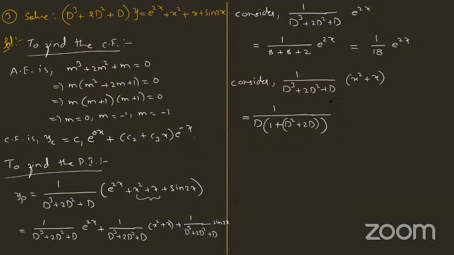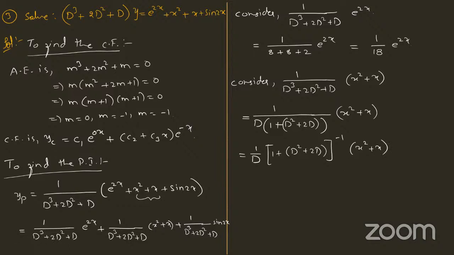So when you take D common from these remaining two terms, you get these two, and you're operating this on x square plus x. Now let me write this 1 by D as it is. I operate this 1 by D at the end after completion of the remaining portion. And if you take the remaining part to the numerator, you will get 1 plus D square plus 2D whole to the power of minus 1, and you're operating this on x square plus x.